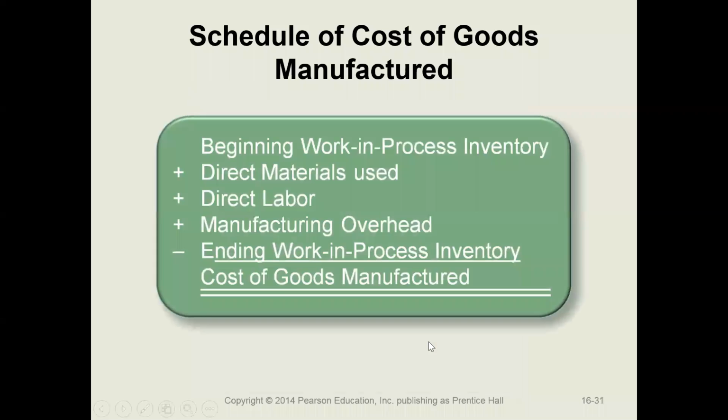As a summary of that schedule, basically you take your beginning work in process inventory, you add your direct materials used, you add your direct labor, and you add your manufacturing overhead, then you subtract the ending work in process inventory, and that gives you the cost of goods manufactured.